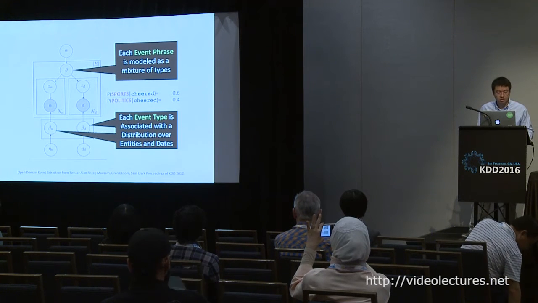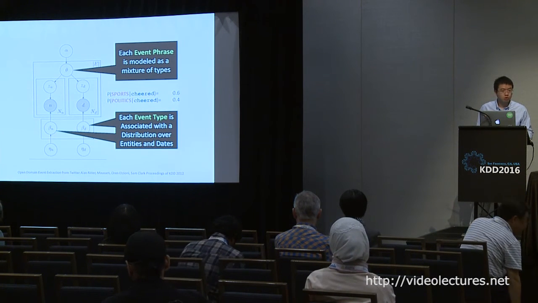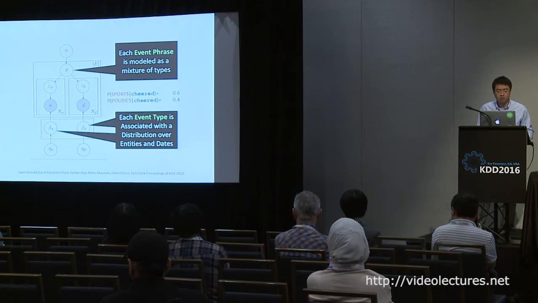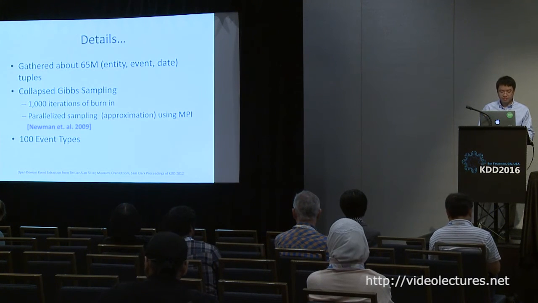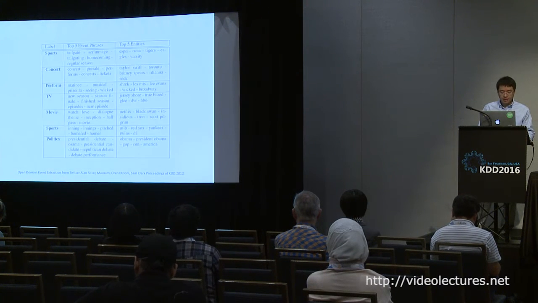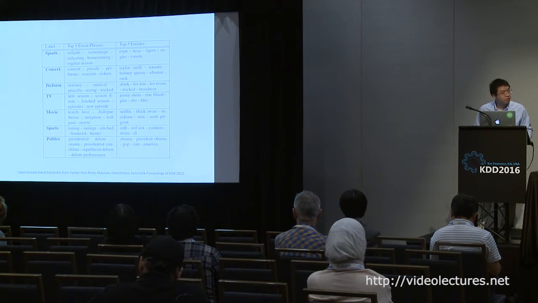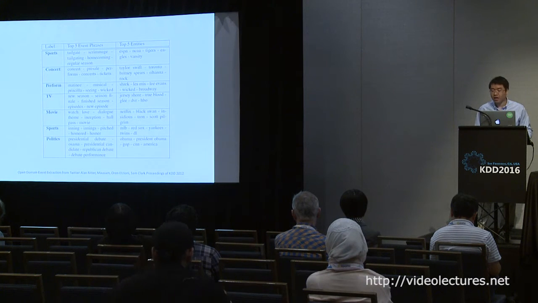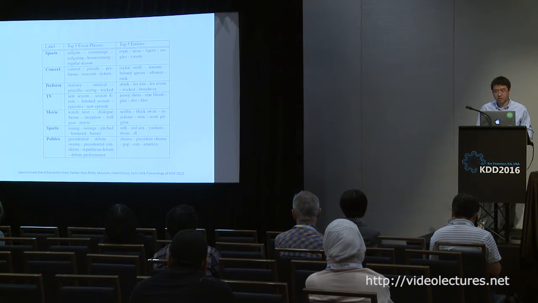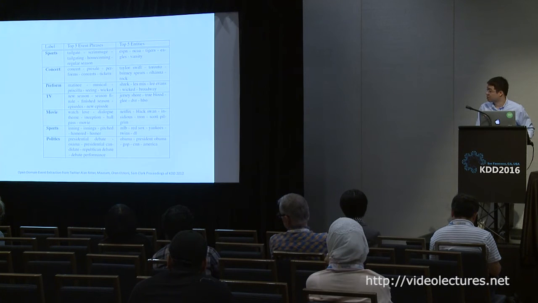By using this generative model, they are able to infer the types of the events. I will skip the details, but show some examples of the types of events that they extracted, and also the entities and event phrases associated with these types.